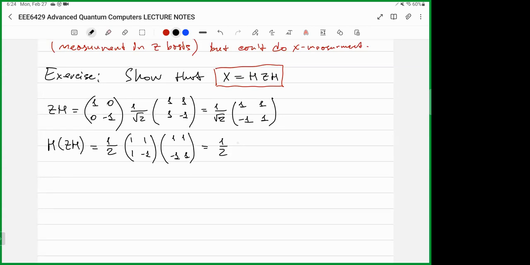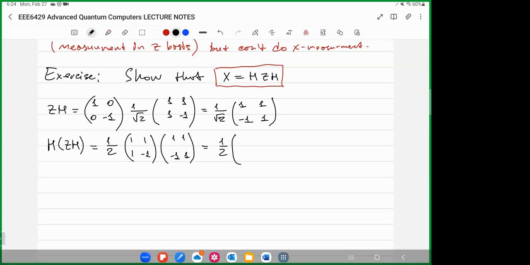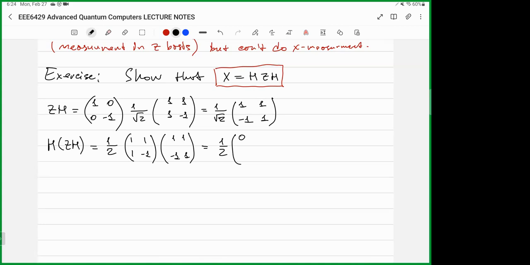Right, so it is equal to 1 over 2 times: here 1 minus 1 is 0, 1 plus 1 is 2, 1 plus 1 is 2, 1 minus 1 is 0. Right, so it is equal to (0, 1; 1, 0). And this is nothing but the X gate. So this is proved.